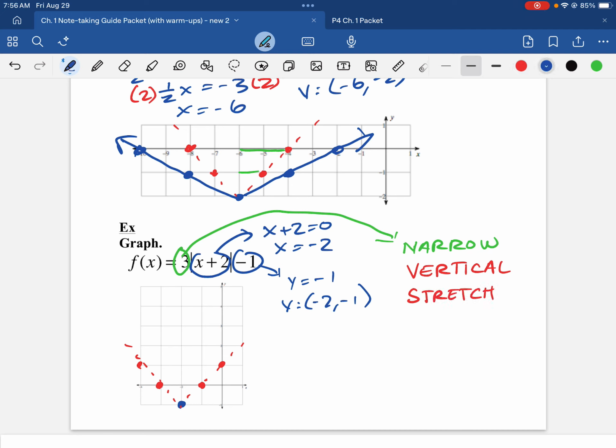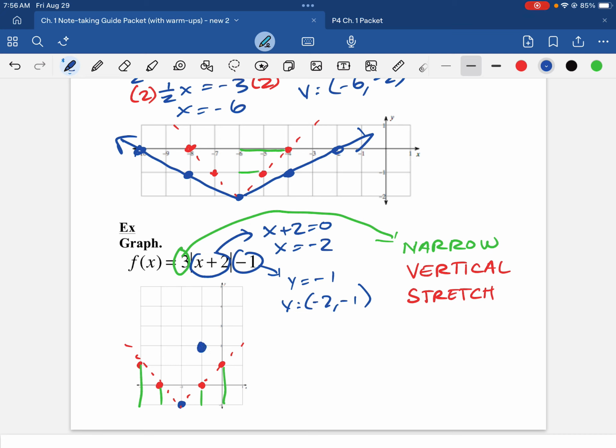Here I'm not doubling the height of these points. I'm actually going to triple these heights because my A value here is 3. I'm looking at those heights that I just highlighted. The ones closest to the vertex are 1 unit above. If I triple that, I'm going to make these 3 units above the vertex. So 1, 2, 3. Not 3 units above the point, but 3 units above the vertex.